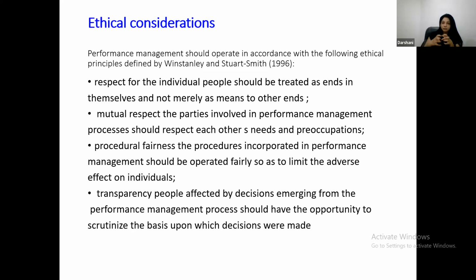Once you do your work, in order to do this work, what are the needs of the other people that need to be fulfilled? Mutually, you need to respect. I told you every time there is a supplier-customer relationship, so you need to respect your supplier always. If you are the supplier, you need to respect your customer always, because you will always have a supplier and a customer.